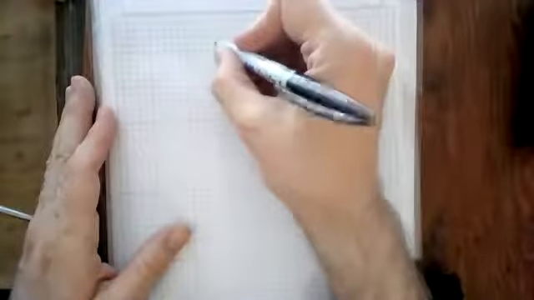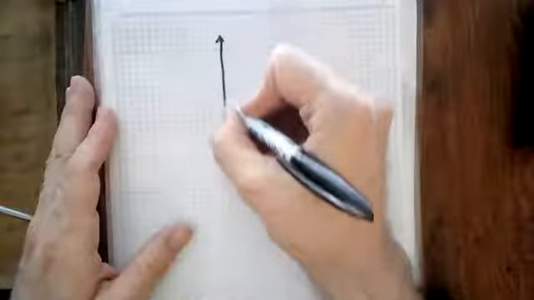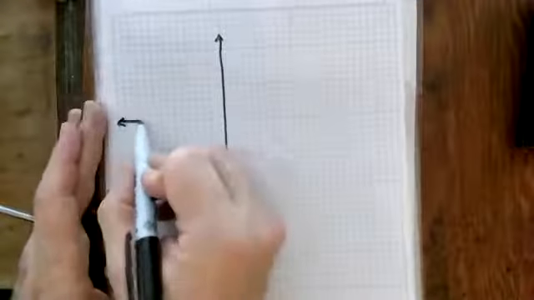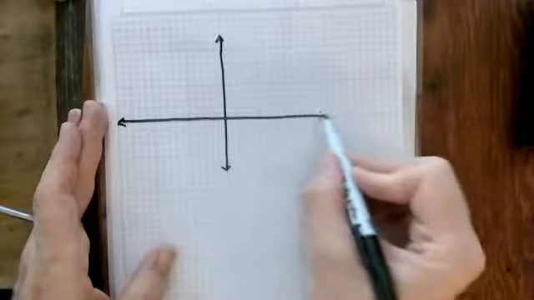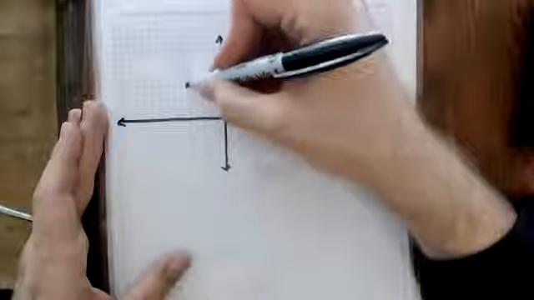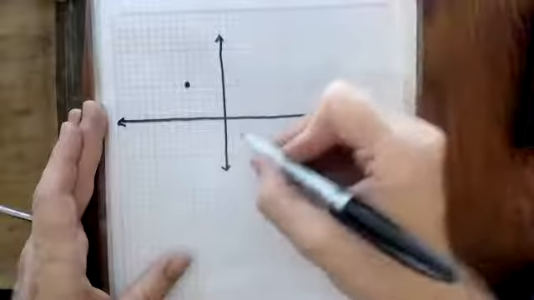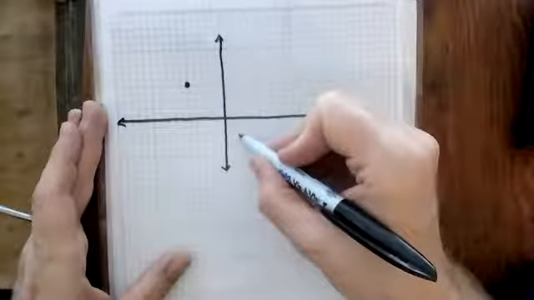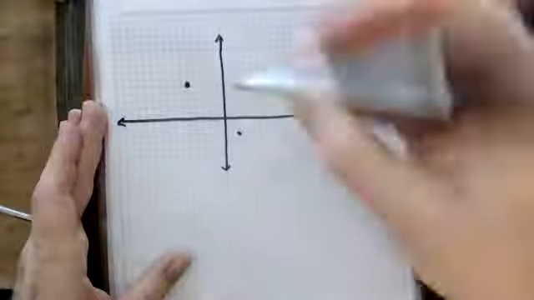Let's say we've got an equation, or we've got a graph, and I'm going to find, let's see, I'll do a point right here, and I'll do a point over here.